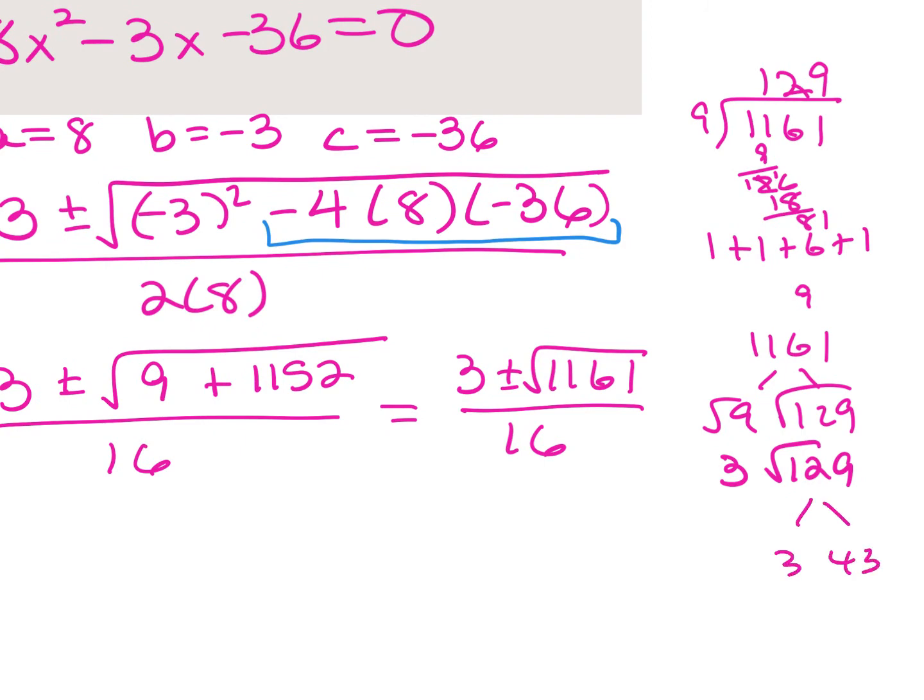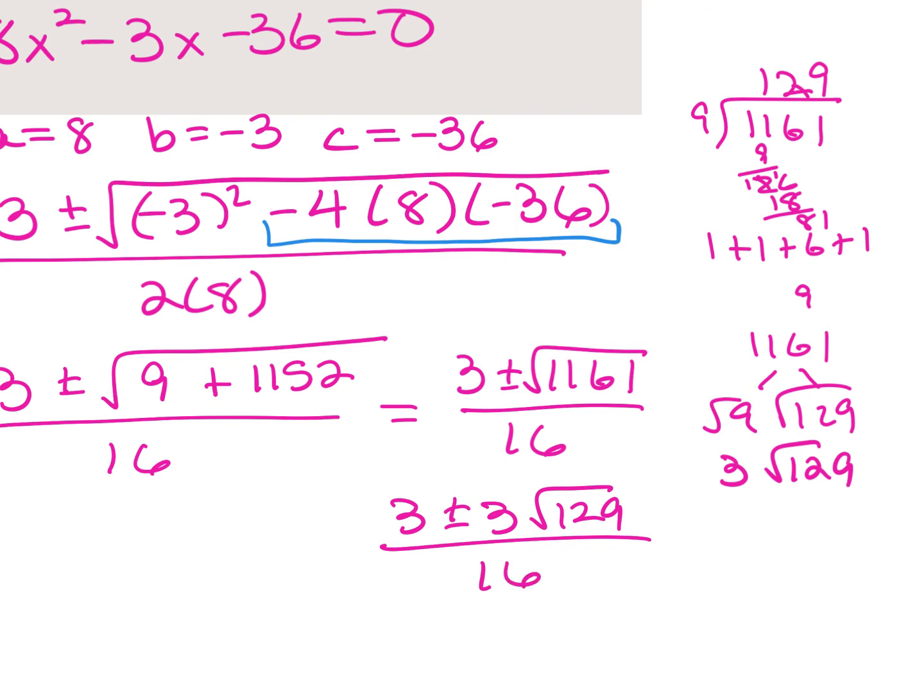But again, 43 is prime. It doesn't do me any good. Okay, so now I have 3 plus or minus 3 root 129 over 16. Nothing simplifies here. I can't simplify 3 over 16, so I'm done. And again, WebAssign's going to make you pull it apart.